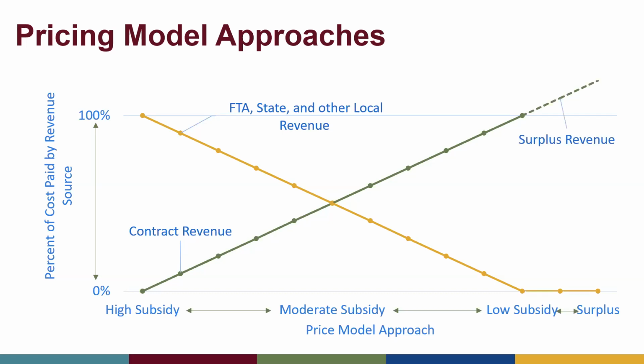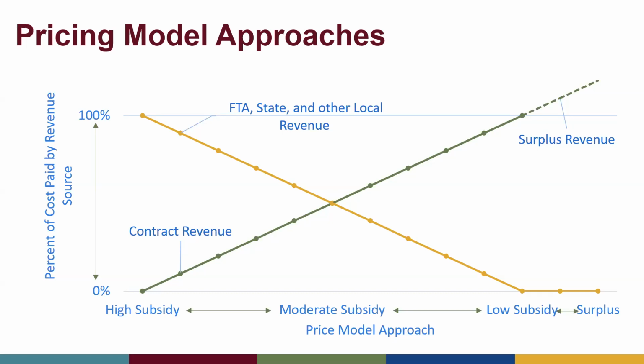Now, it is possible, even in some cases, to go beyond this idea of a low subsidy where there's literally zero subsidy. In some cases, you could have a service price that exceeds what it costs you to deliver the service, and that results in surplus revenue. That in itself has its own set of issues and concerns. One, most transit agencies are not making a profit, and you're not supposed to be making a profit.